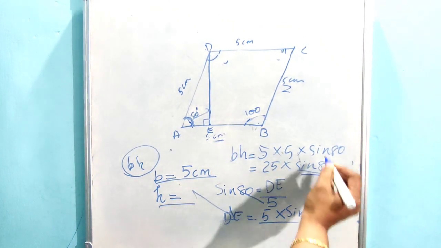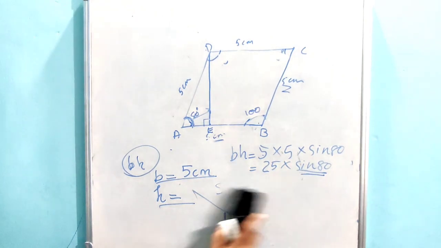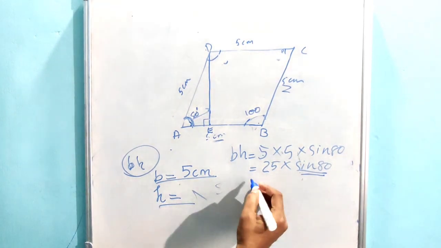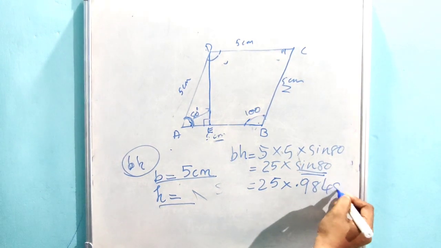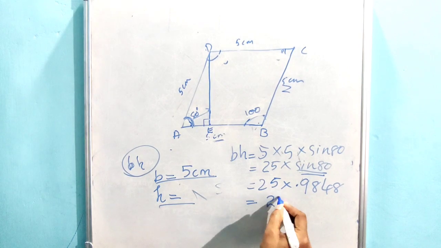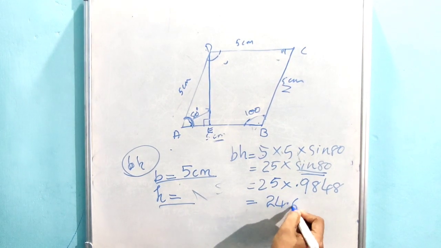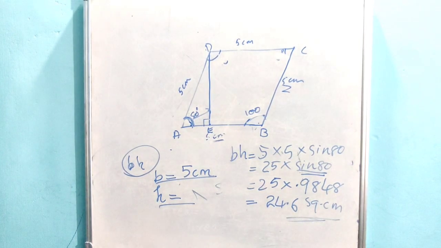So we have this equal to 25 into 0.9848, which is equal to 24.6 square centimeter. Okay, 24.6 square centimeter is the area.